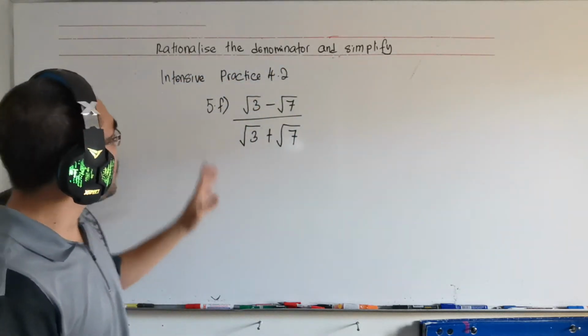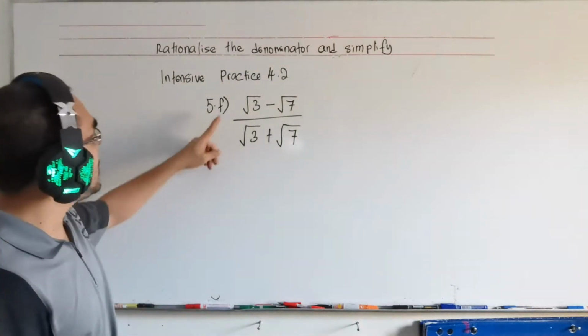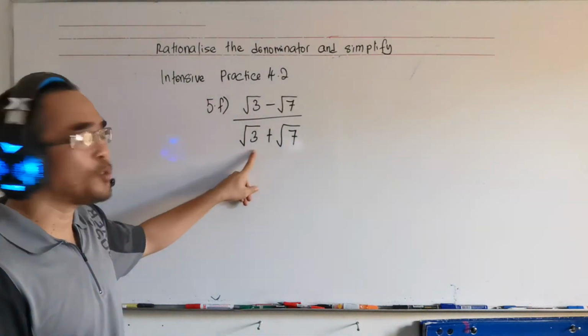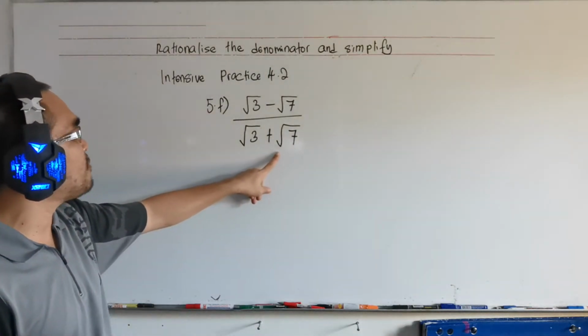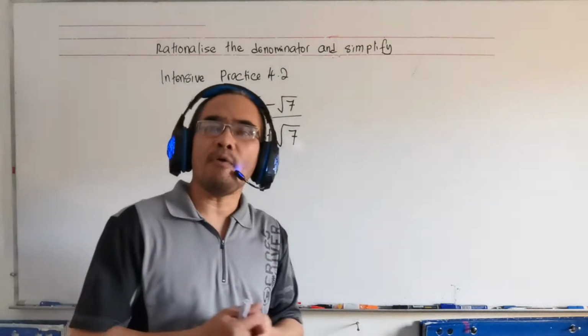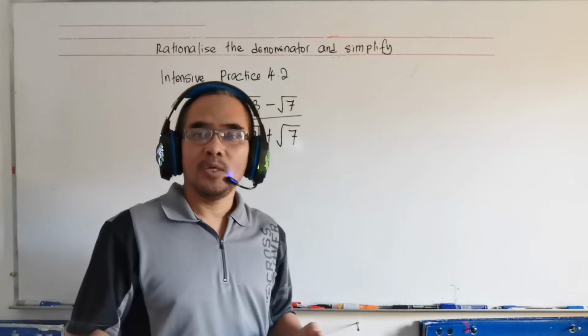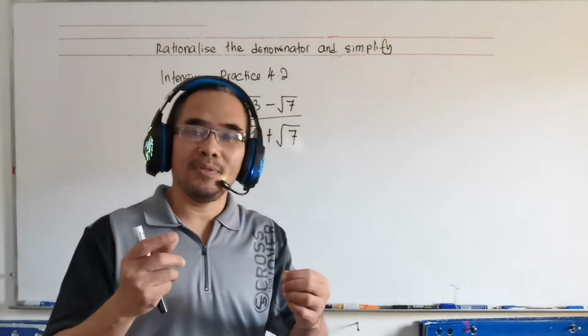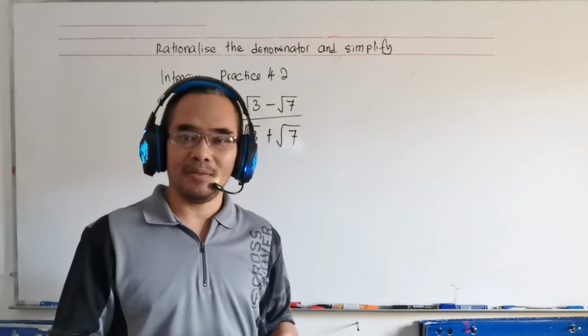Today we are going to do one question from intensive practice 4.2, rationalize the denominator and simplify. The question that I selected is 5 over square root of 3 minus square root of 7, over square root of 3 plus square root of 7. What is the meaning of rationalized denominator? Basically, we do not want a square root as part of the denominator.